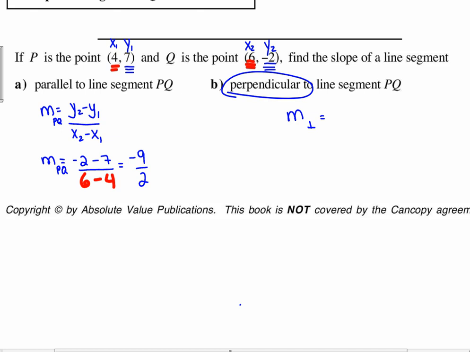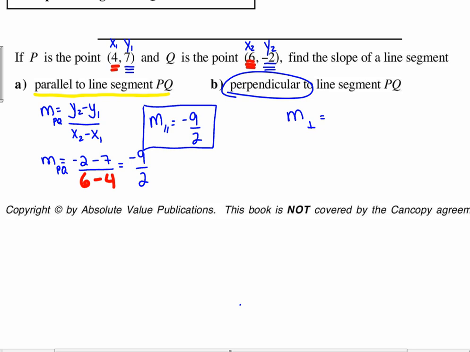What was it asking me to find? Parallel line segment. So what would be the slope parallel to PQ? Also -9/2. Right? So we need to find the slope of PQ in order to find the parallel slope, which is the same, but I did need to answer the question. It's always good to answer the question.